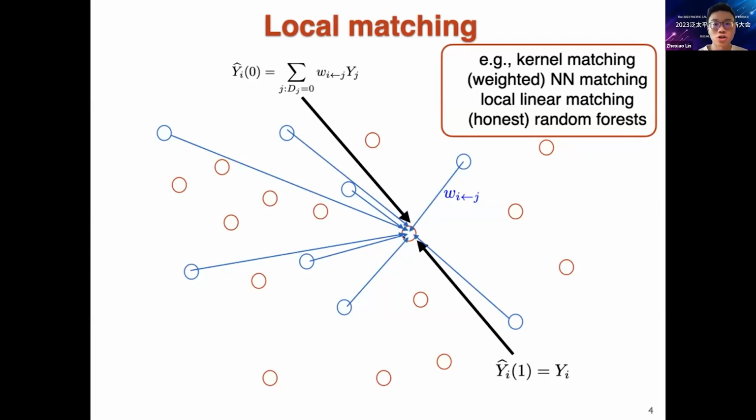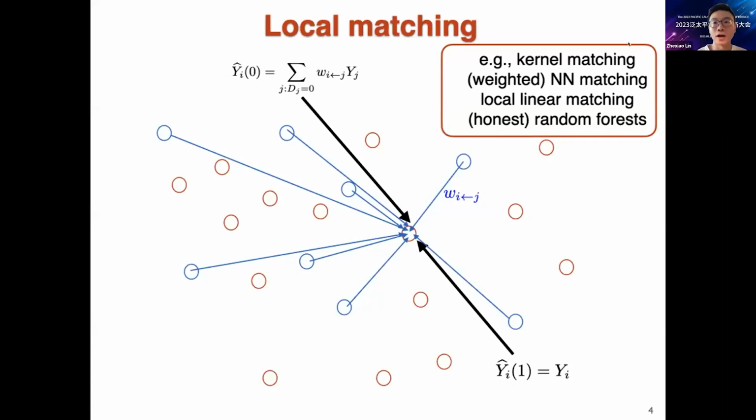But for its counterfactual outcome under control, we use a linear combination of all the outcomes from the control group. In the non-parametric literature, this estimator is called a linear smoother. A linear smoother can include many different kinds of matching methods in the causal inference literature.